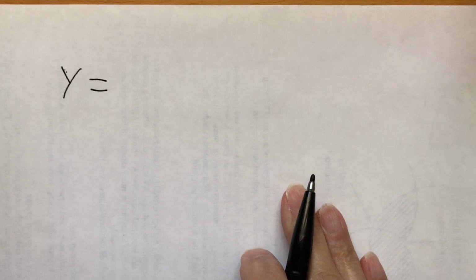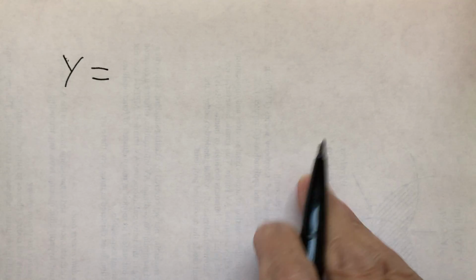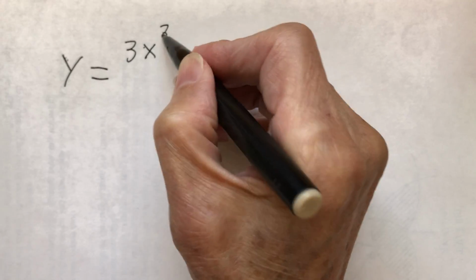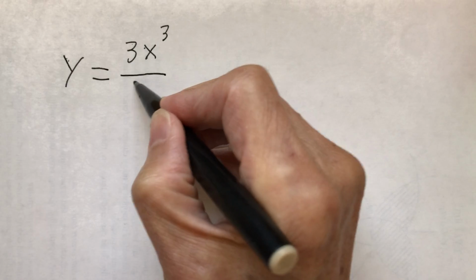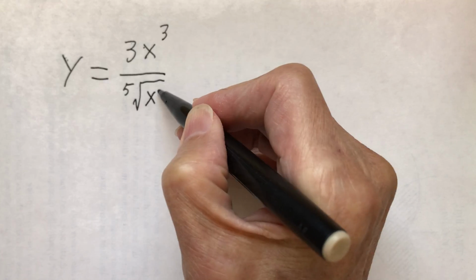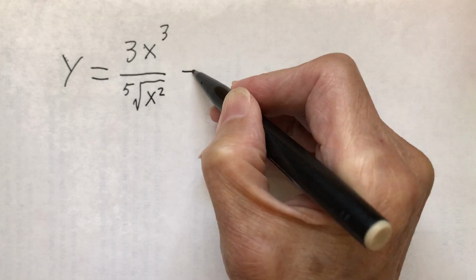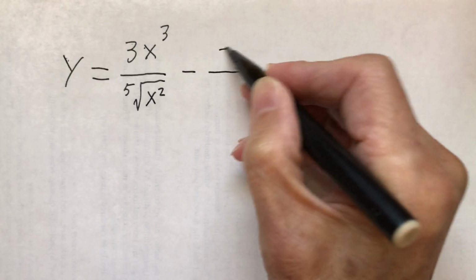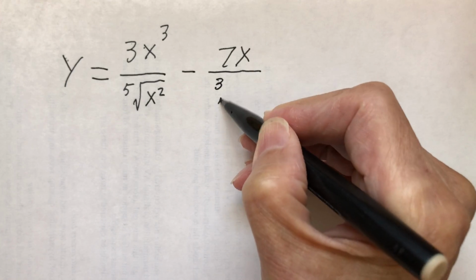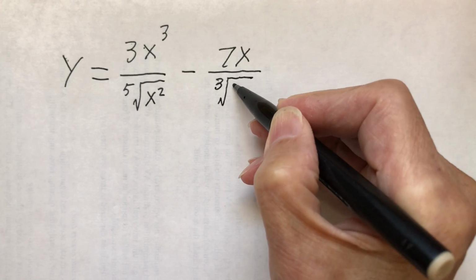Y is equal to, I have a radical, okay? And another radical in the denominator.